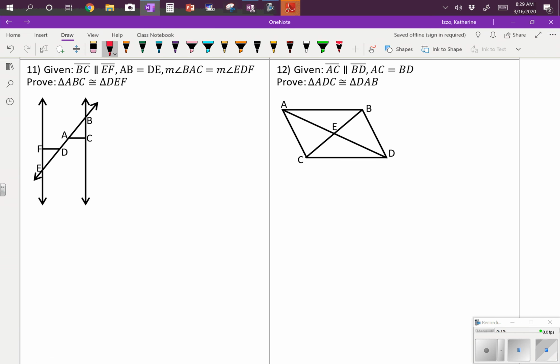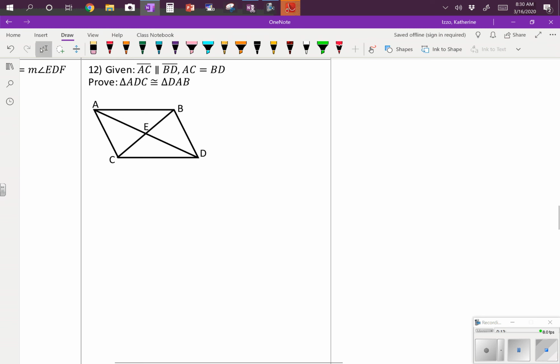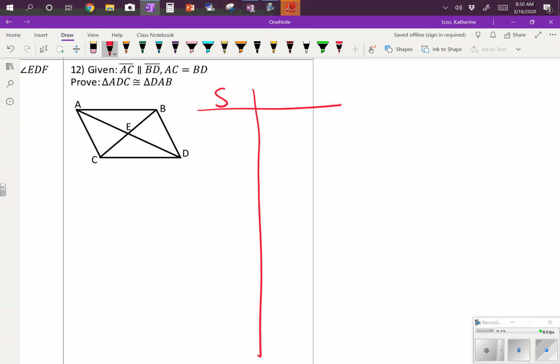Now, I want to take a quick look at question number 12, because there are, once again, quite a few different triangles here. I'm looking at ADC, that's this triangle over here, and DAB. DAB is this triangle up here. Okay.